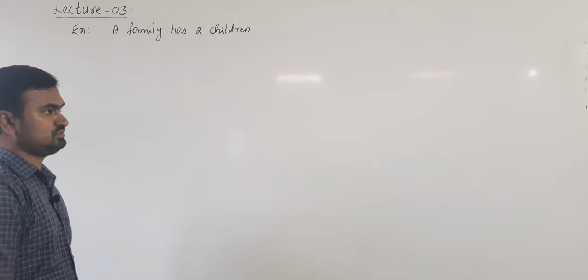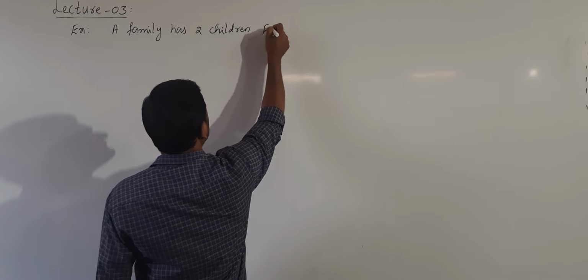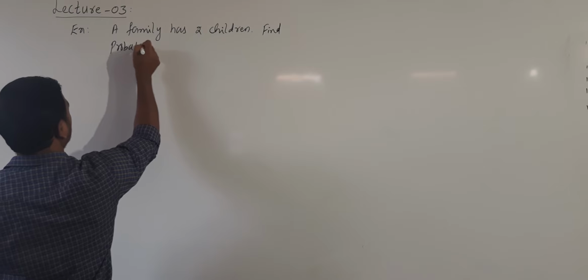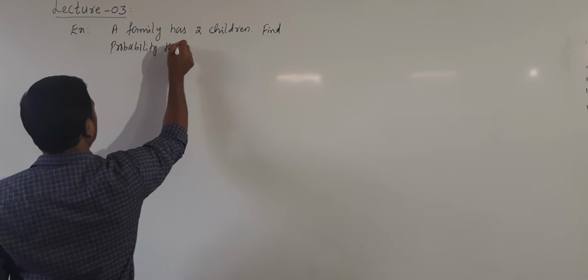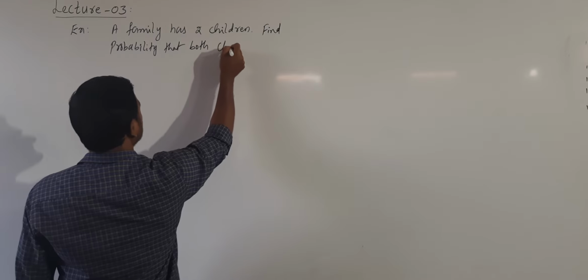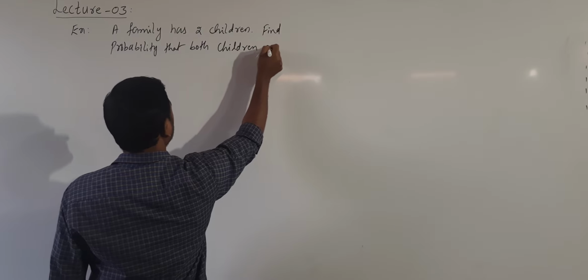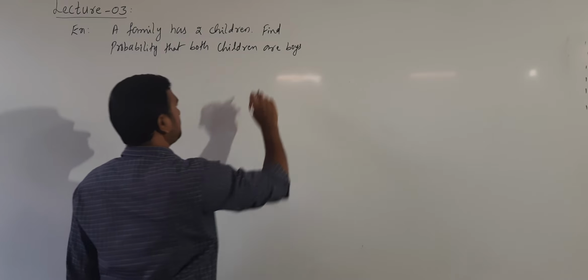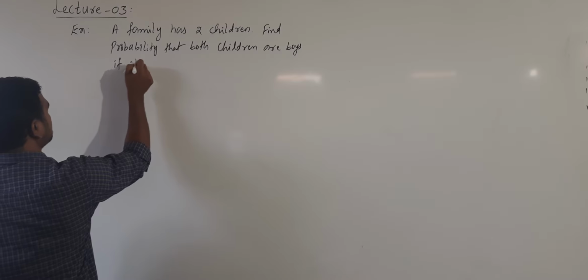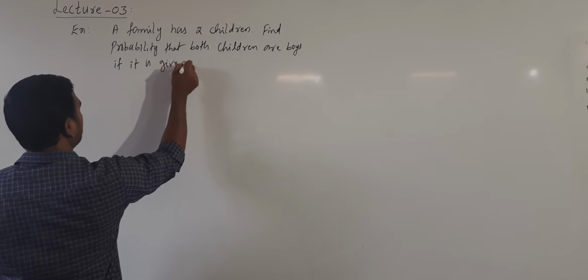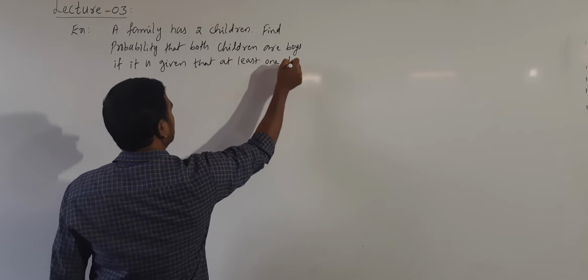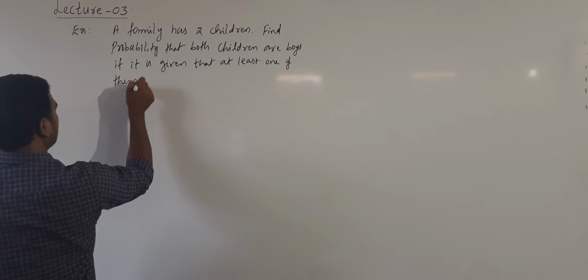Find the probability that both the children are boys, if it is given that at least one of them is a boy.